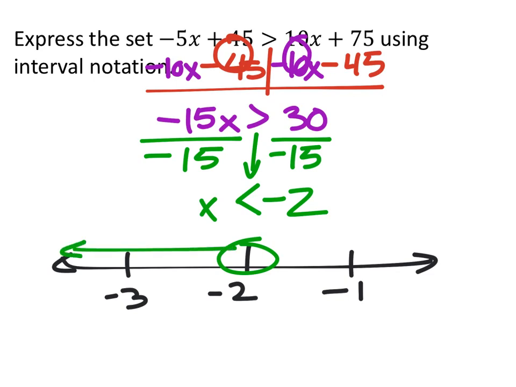So there's my graph, even though it didn't ask for it, which is now going to help me to write out the interval notation. So how far to the left does that green line go? It goes all the way to negative infinity. It's so big we can't even include it in the set. And it stops at negative 2, which also is not included. So again, another set of parentheses.